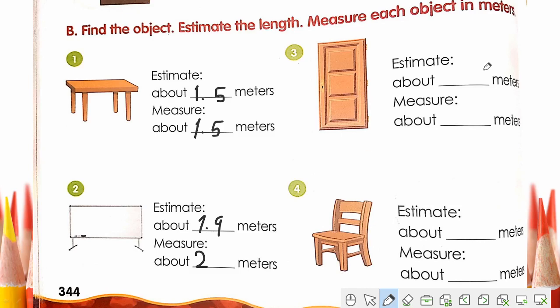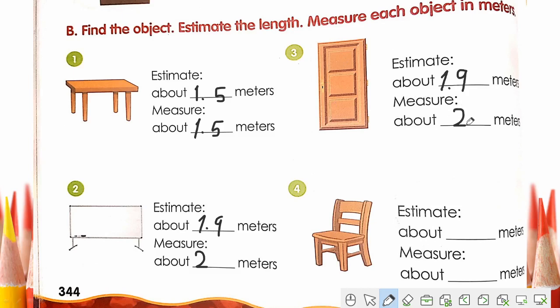The door, maybe it's 1.9. That means 190 centimeters. So 1 and 9 meters. Here, if you measure it, you will find 2 meters.